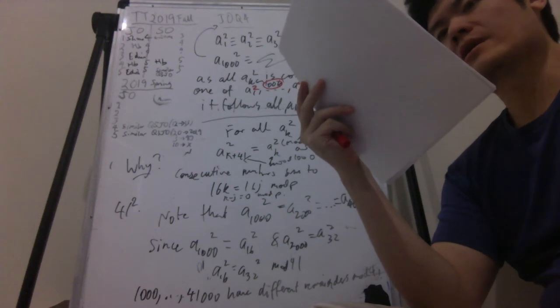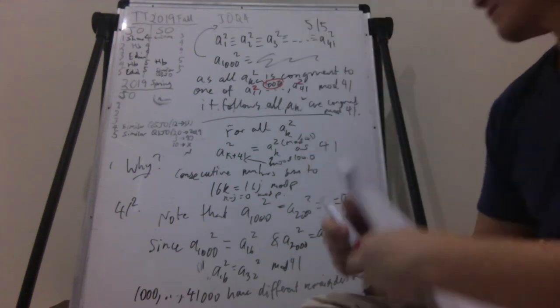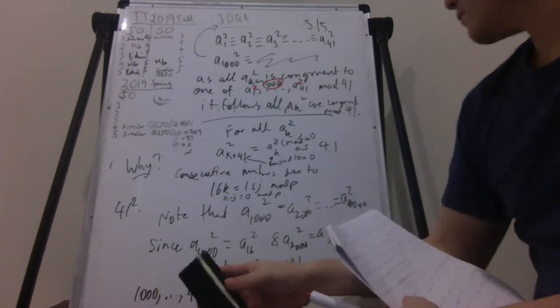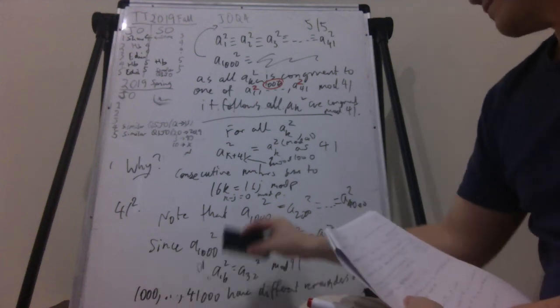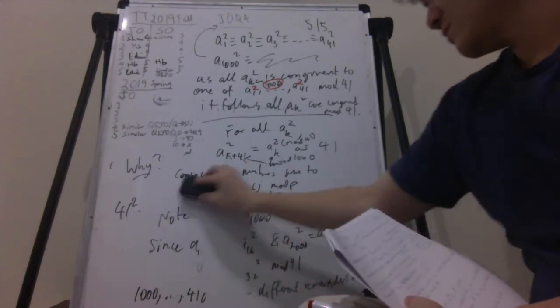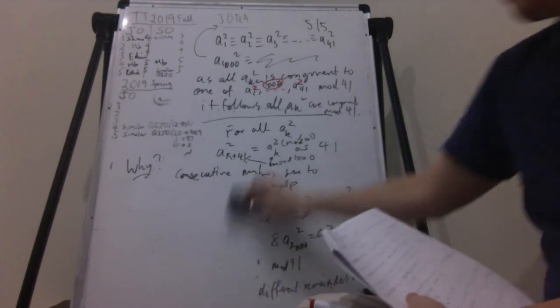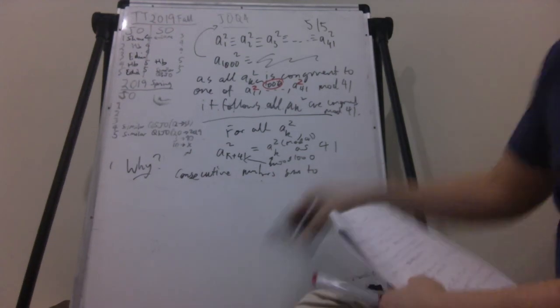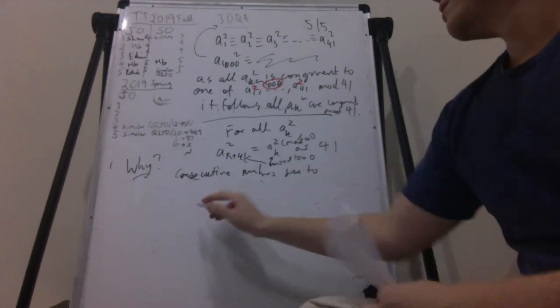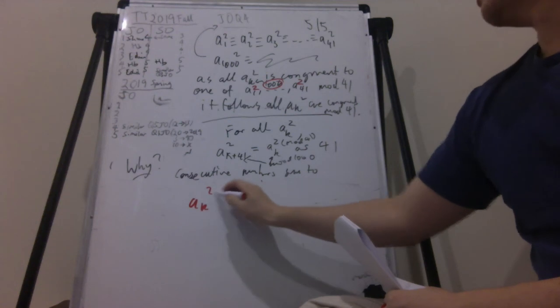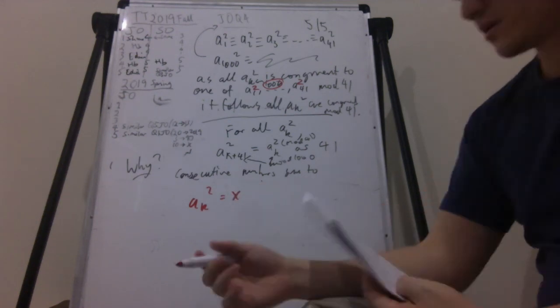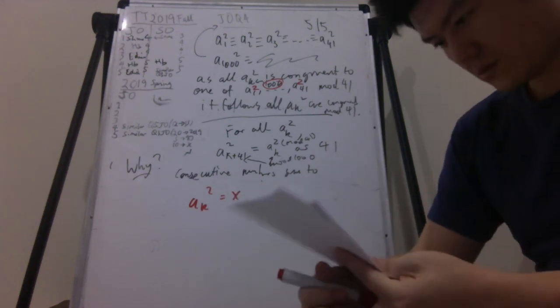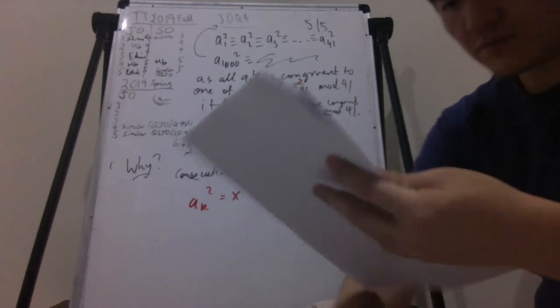Oh, okay. So now let ak squared equal x. Okay, I'm starting to actually get some of this now. So let ak squared equal x, mod 41.